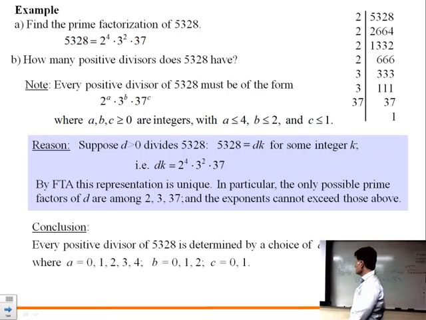So here's what we do. We count how many possibilities there are. To do that, we just see how many combinations of A, B, and C are possible subject to these constraints. Well, how many values of A can there be? 5, because you include 0. How many possibilities of B can there be? 3.